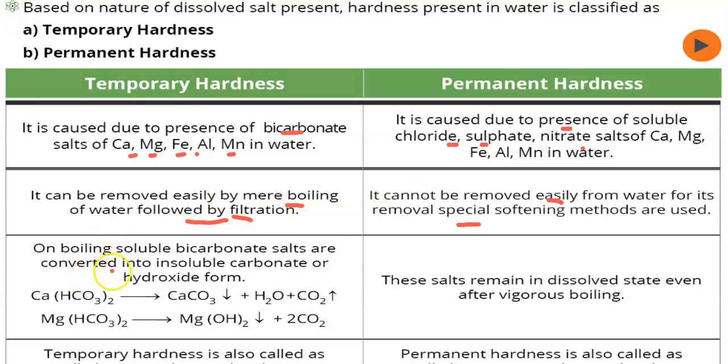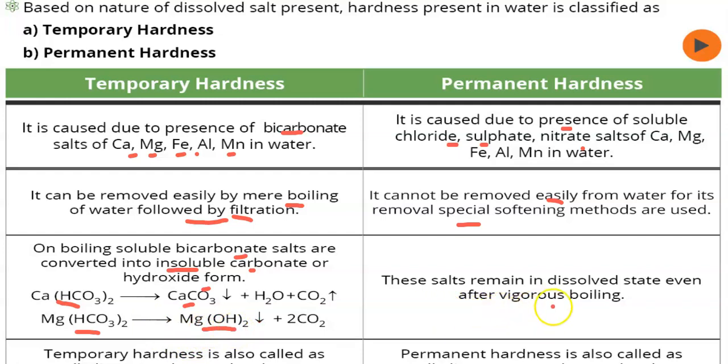This is the reaction which happens when we boil water containing salts responsible for temporary hardness. On boiling, soluble bicarbonate salts are converted into insoluble carbonates or hydroxide form. Like we have seen, calcium bicarbonate gets converted into insoluble calcium carbonate, while magnesium bicarbonate or magnesium carbonate gets converted into insoluble magnesium hydroxide.